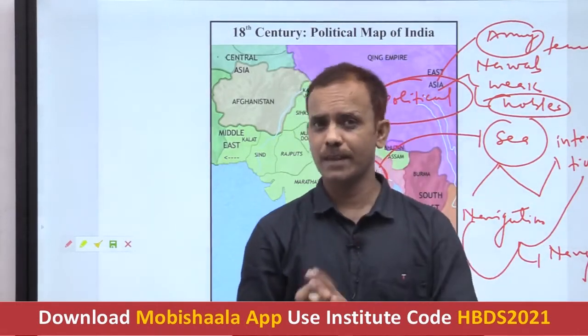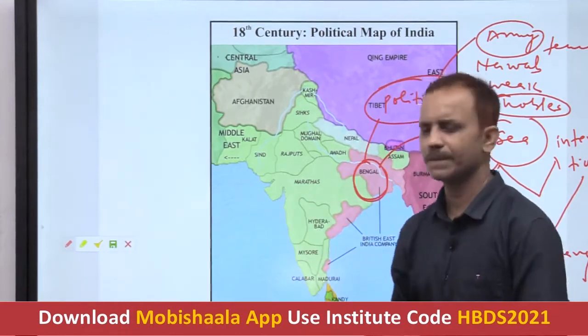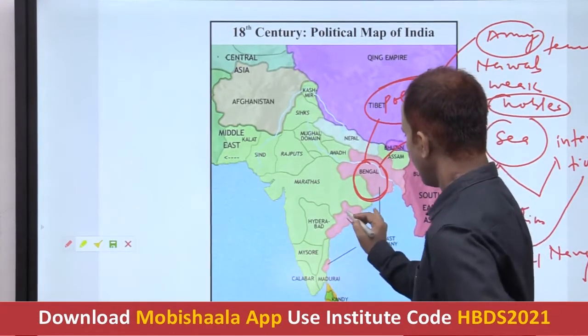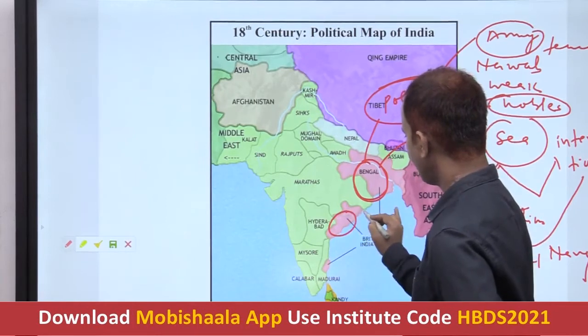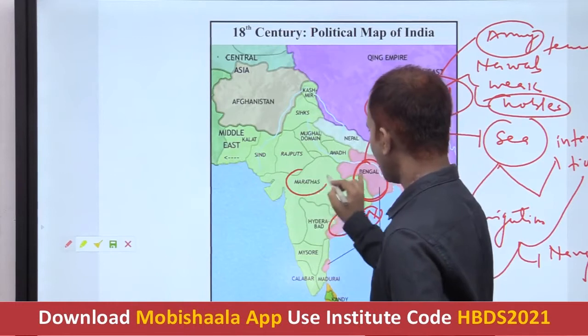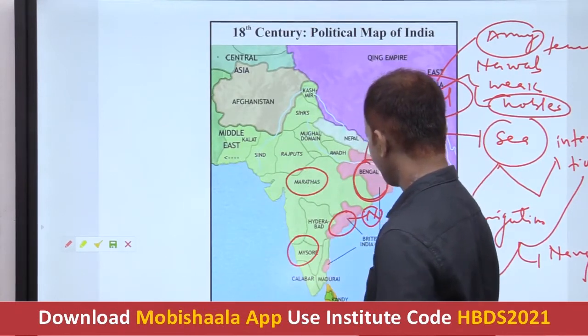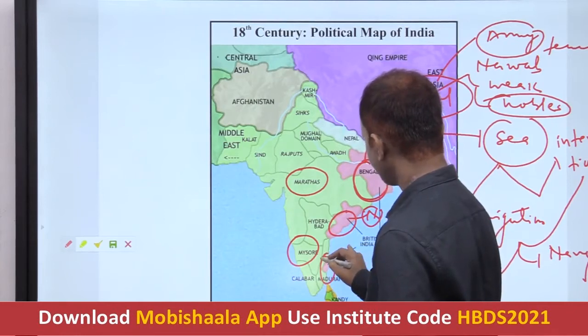On the other hand, the scenario of South India was different. Here is Hyderabad, ruled by Nizam. Here is a strong Marathas. Here is a strong Hyder Ali. Here is Karnataka.